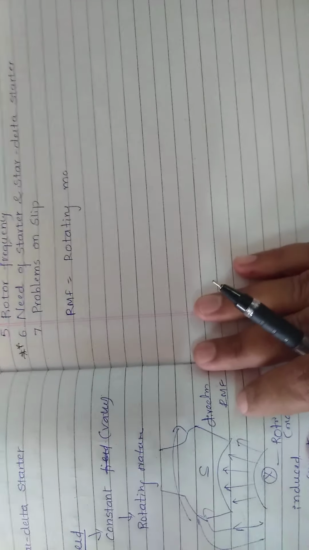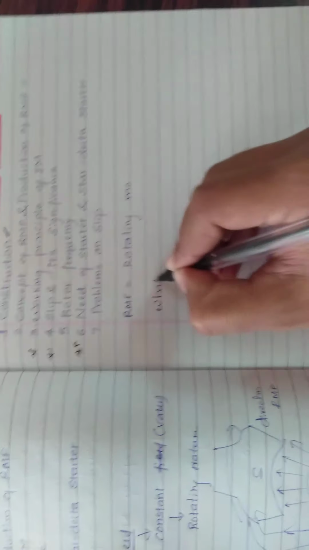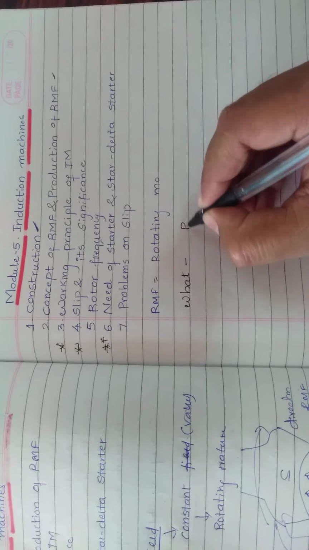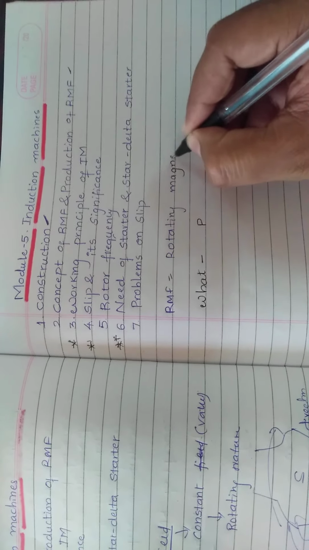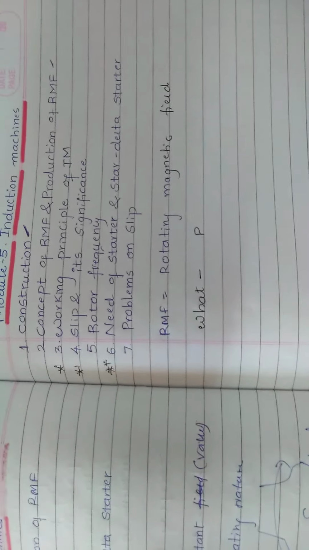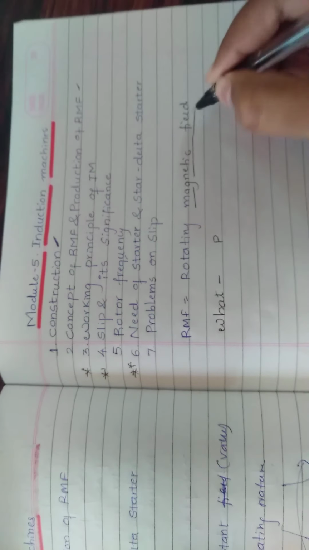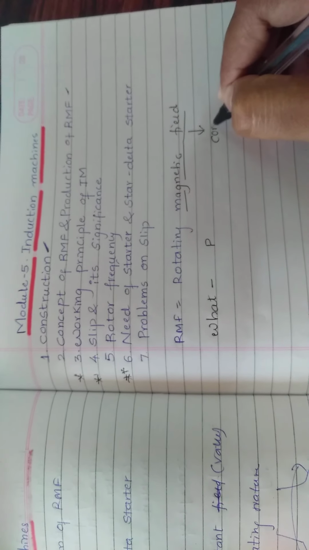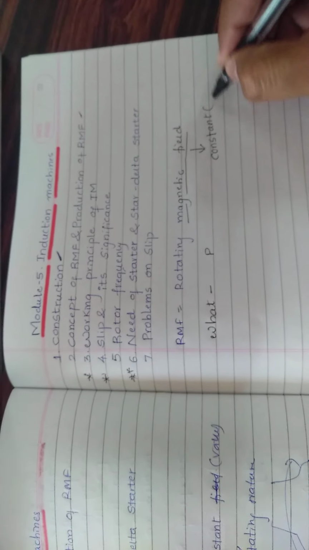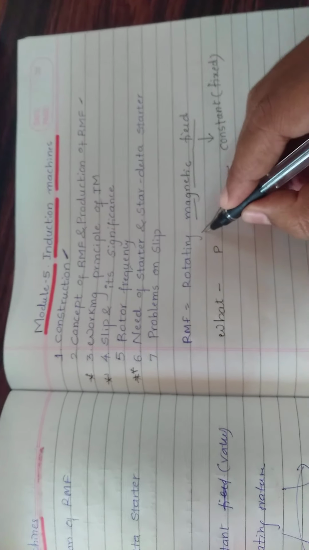So we shall start with the RMF. What is RMF? RMF is nothing but the rotating magnetic field. A magnetic field of constant magnitude means its value is a fixed value, and this magnitude of fixed value is rotating in nature.